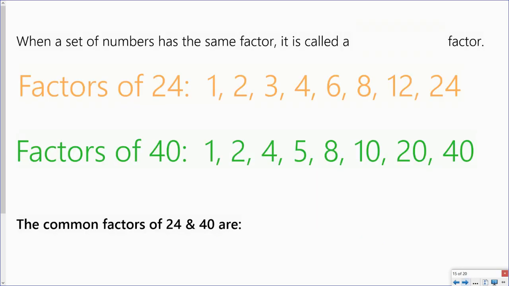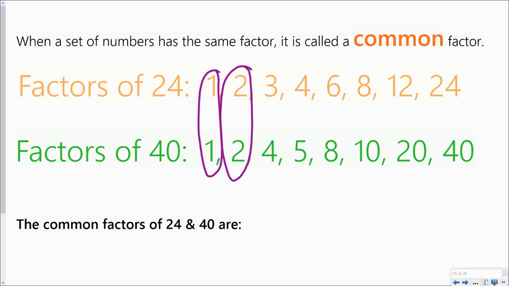When a set of numbers has the same factor, it is called a common factor. So again, here's my list of factors of 24 and my factors of 40. We know that 1 is a common factor because they both have it. 2 is a common factor because they both have that one.